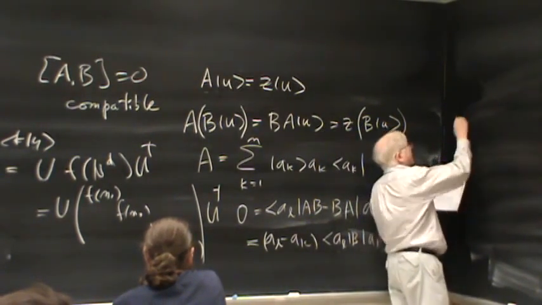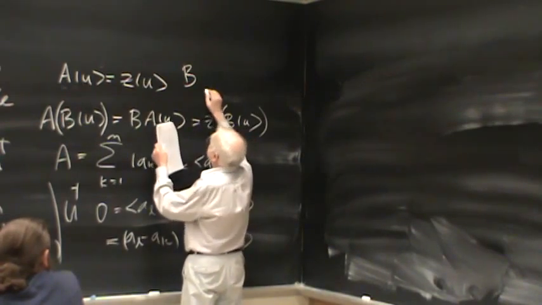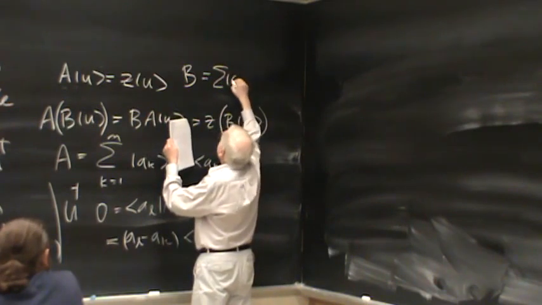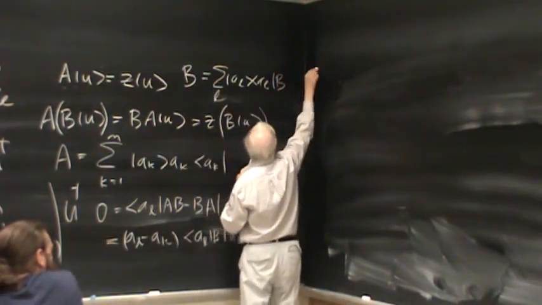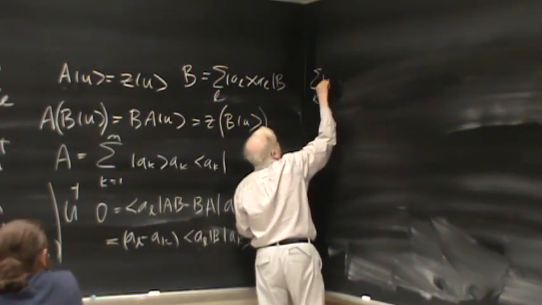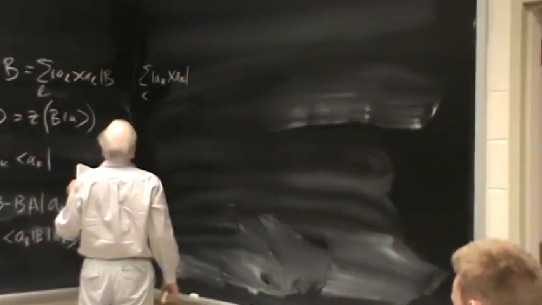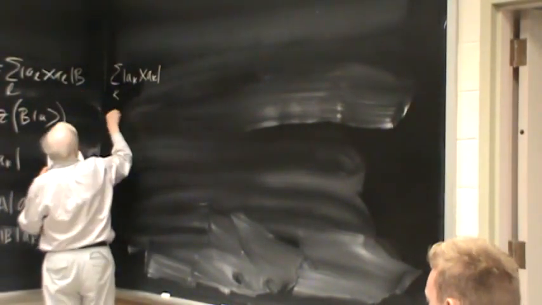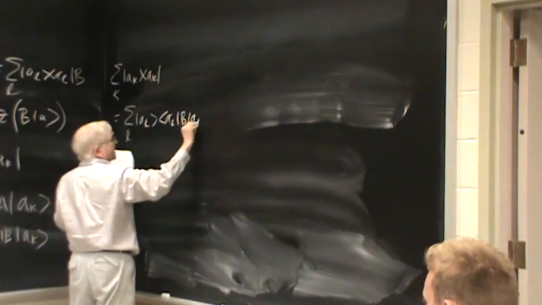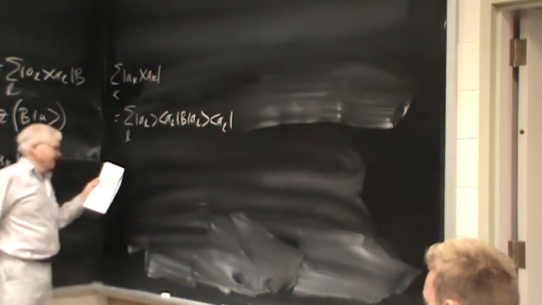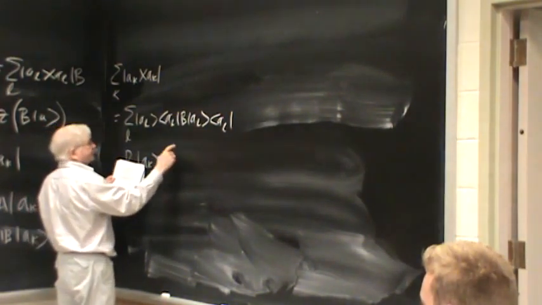But continuing with that, where the eigenvalues of A are non-degenerate, this operator B can be written as a sum on L, |A_L><A_L| B a sum on K, |A_K><A_K|, and this then would be diagonal, and so this would simply be a sum on L, |A_L><A_L|B|A_L><A_L|. So B is then diagonal on that basis.